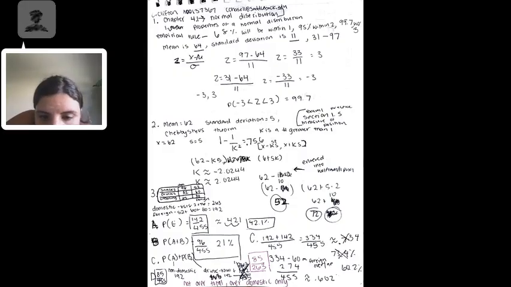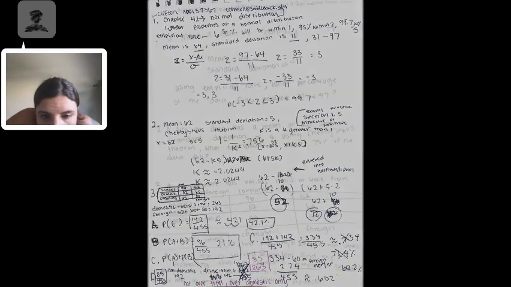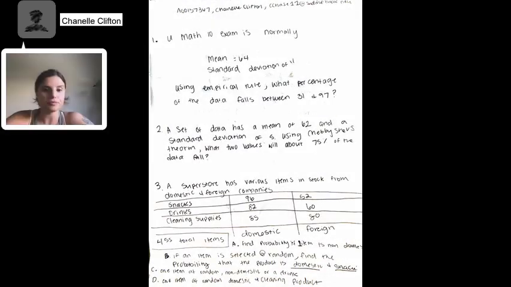Then we did 192 plus 142 over the total, which is 455, and we got 334 over 455, which I think I entered wrong a couple times, and we got 60.2% for C.